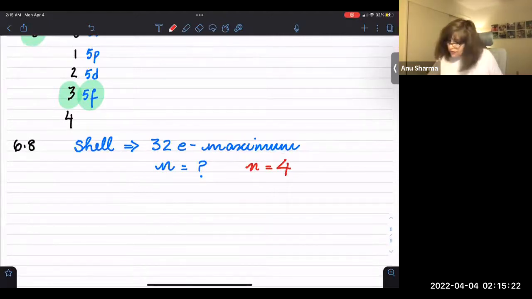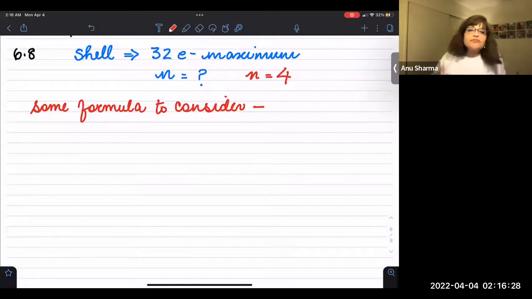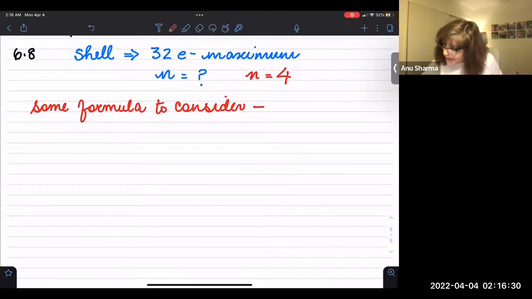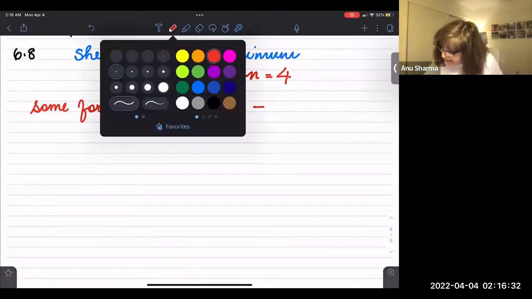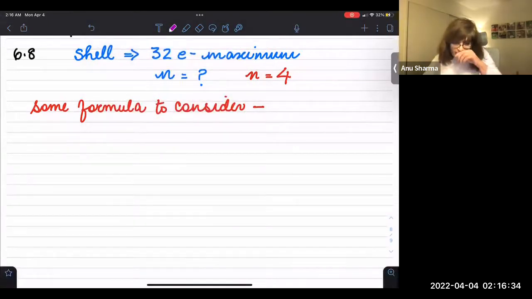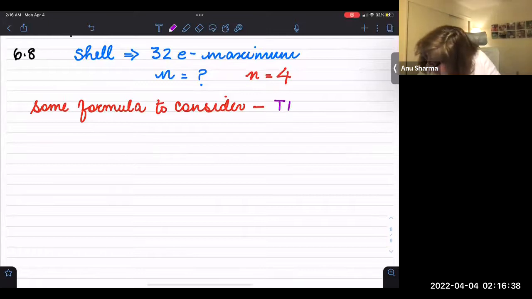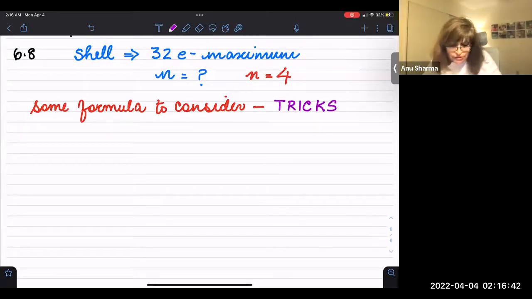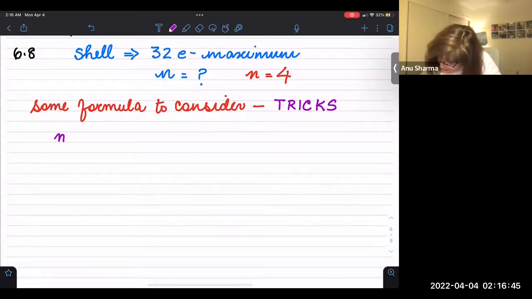Okay, so there is a little cheat sheet here, and I'll write down some formulas that you can consider. One of them is the tricks, so you don't have to go through this whole process. The trick is that n squared is equal to the number of orbitals.